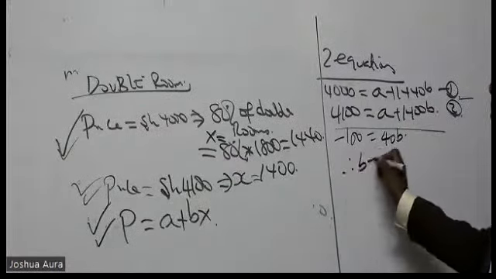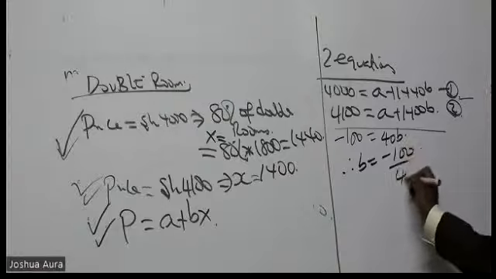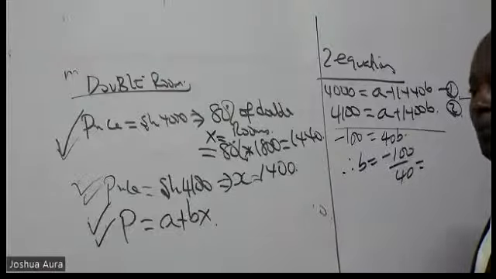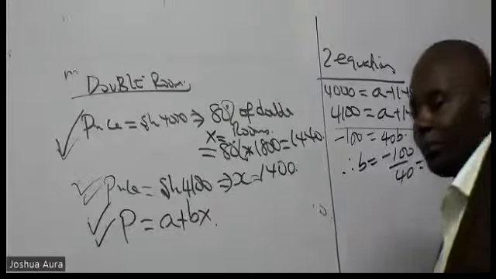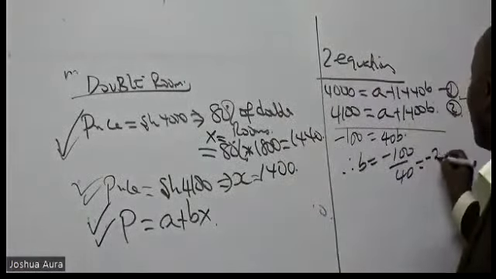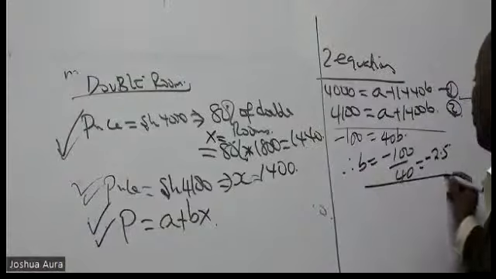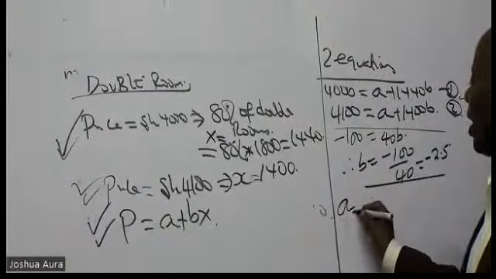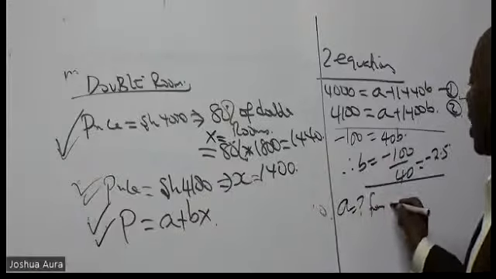Meaning that B will be minus 100 over 40, which gives me what figure? Minus 2.5. Thank you very much. So minus 2.5, that is the value of B. So then what is the value of A from equation 1?